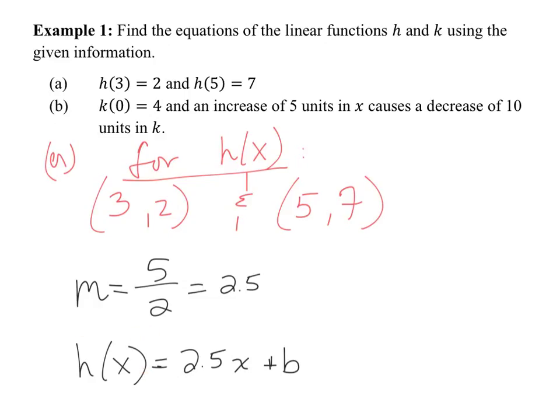Okay. You plug in one of the points for x and y. Yeah, so look, you're told that when x is 3, h of 3 is 2. So this is 2 when this is a 3. Or this 7 right here, this is 7 when x is 5.